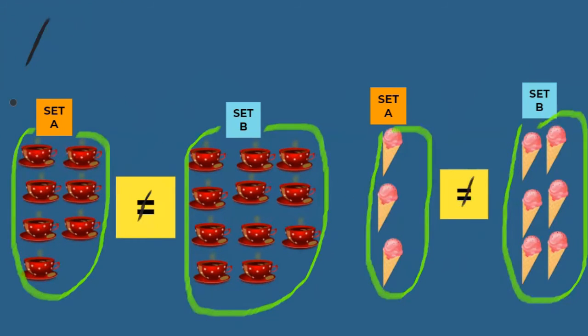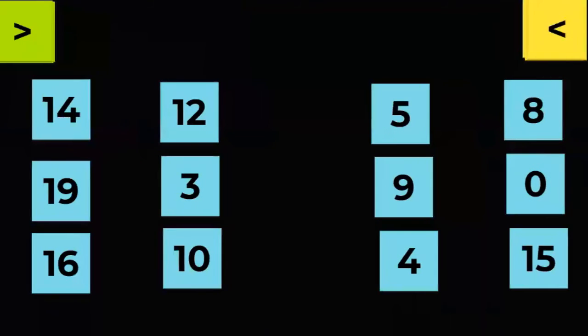So we need to place the not equal sign between both sets. And it reads 3 is not equal to 6. So the equal sign is completely different from the not equal sign. They are totally different, opposites.